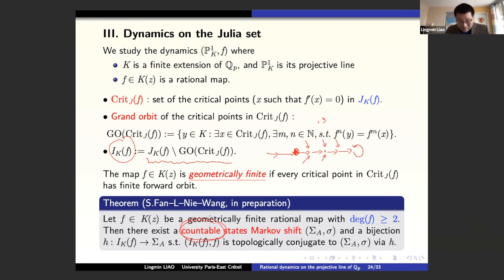So this system is topologically conjugated to some countable state Markov shift. So here I also have some matrix, and this matrix should be some infinite matrix. Yeah. So let's just go to some very special example to see how this works.